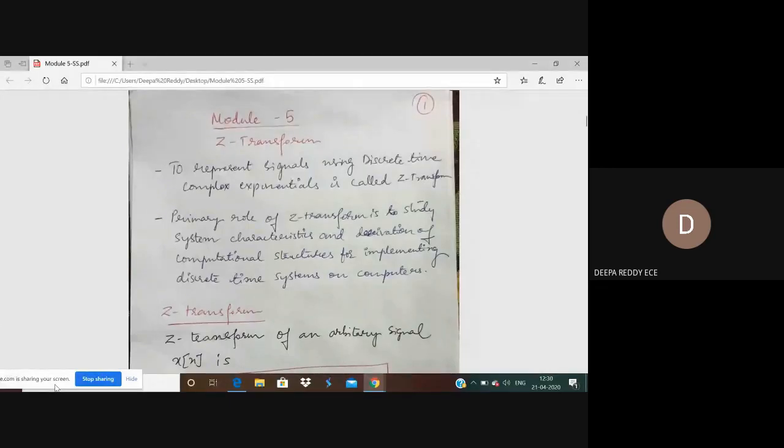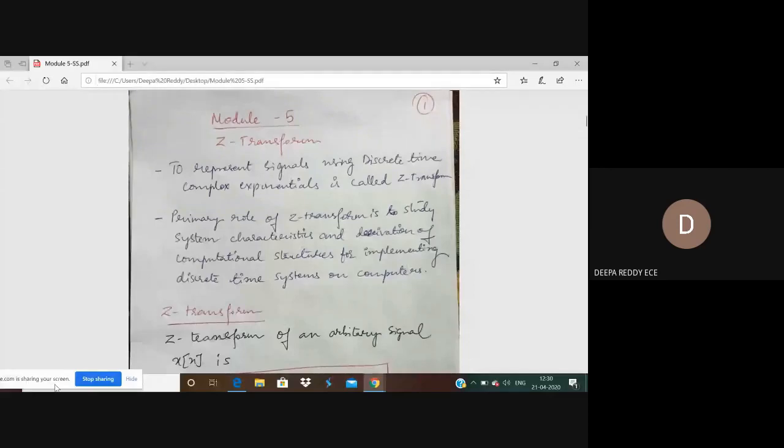All these system characteristics we will be able to analyze using this transform called the Z transform. Z transform is for discrete time signals. We'll be trying to find out the Z transform of the given signal x of n. Keep in mind, it's discrete in nature.